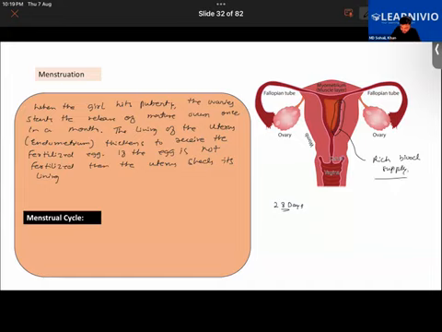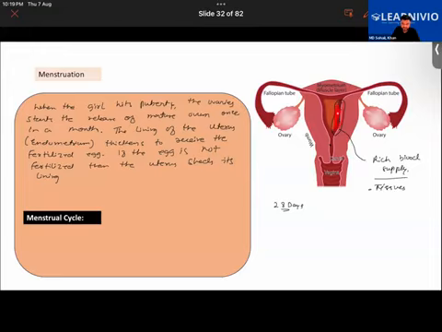Getting it now? Tissues have developed in that thick lining. So when we say that the uterus is shedding its lining, it means that those tissues are dying.